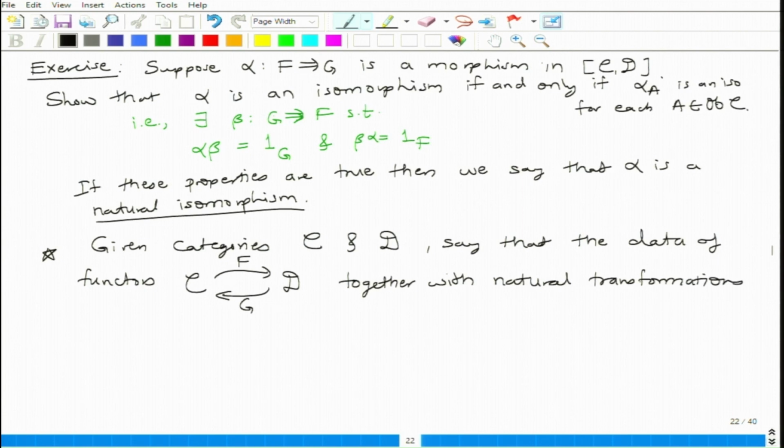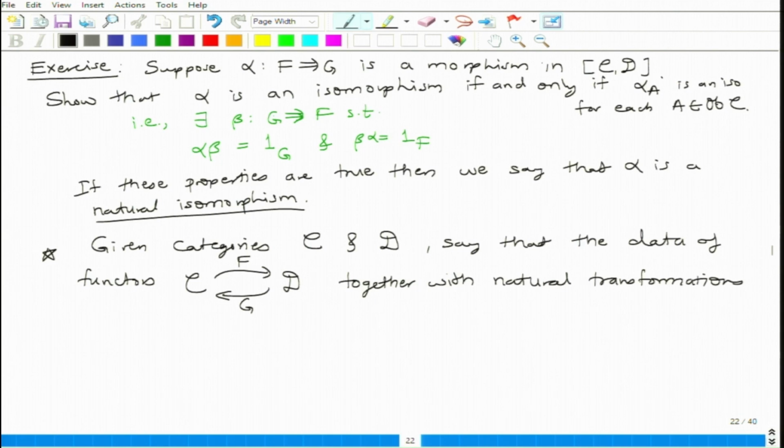Okay, I am going to use some specific notations. Yeah. So usually, if you have observed, I am using specific notations for everything. Categories are always curly letters, calligraphic letters C and D. Then functors are always F and G, H, capital letters.